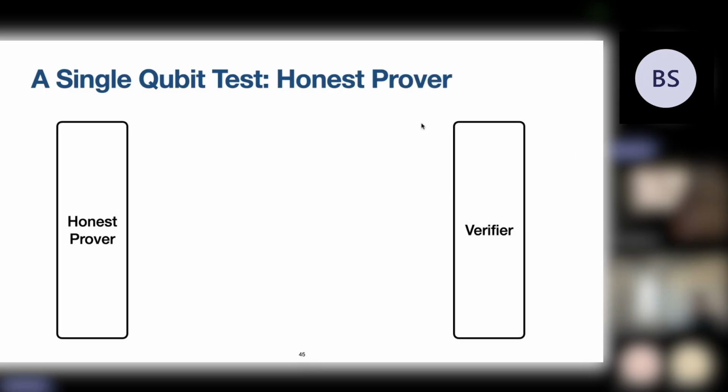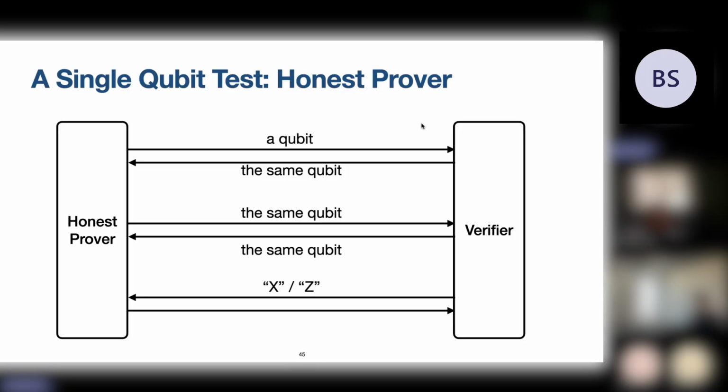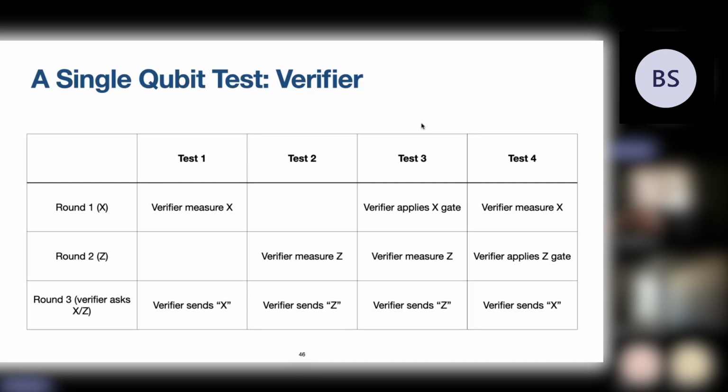For the single qubit setting, the way I present it is the prover always sends the verifier the same qubit, and I don't distinguish X basis or Z basis. So here you can see the first round is always about X, and the second round is always about Z. But for the many qubit setup, in the first round, the verifier measures Z, and the second round is also about Z, because the prover already did the measurement for you.